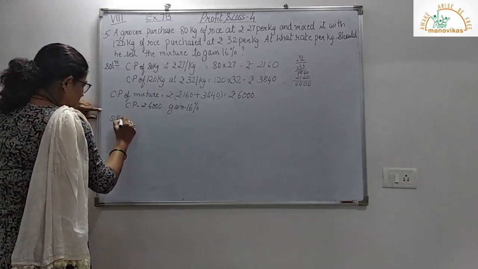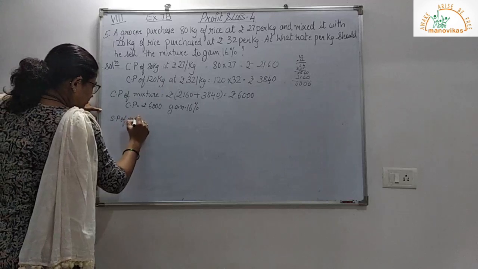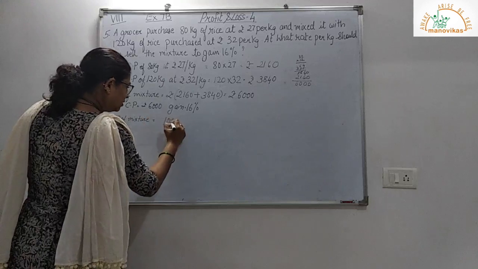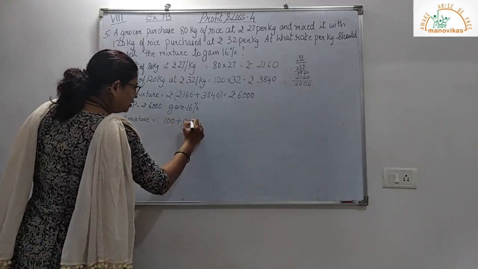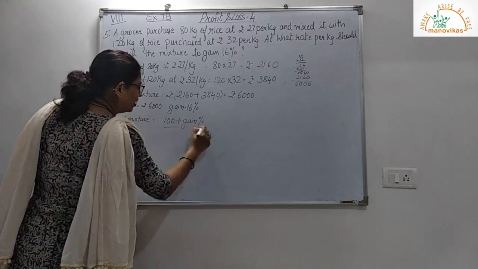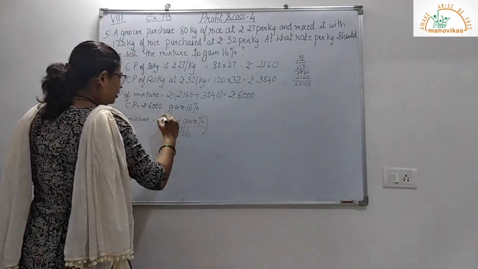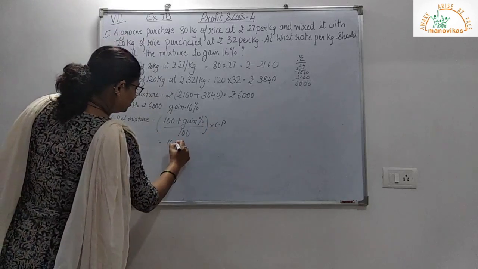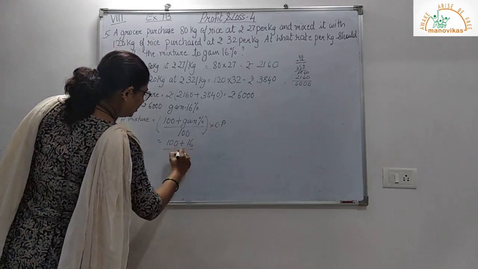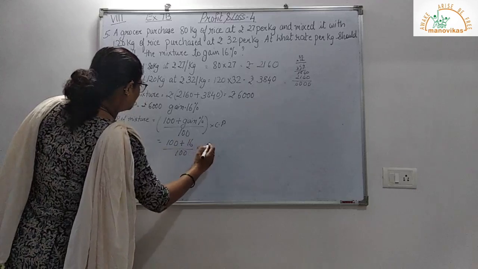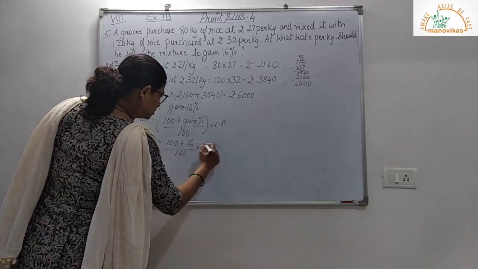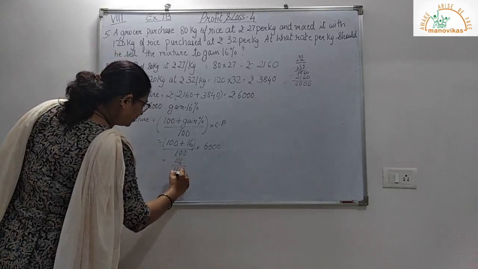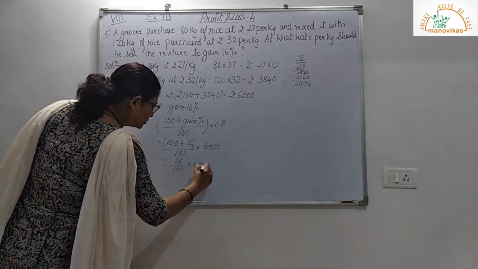So selling price of mixture is equal to 100 plus gain percent divided by 100 into the cost price. So 100 plus 16 divided by 100 into cost price, that is 6000. Right. So this is 116 divided by 100 into 6000.